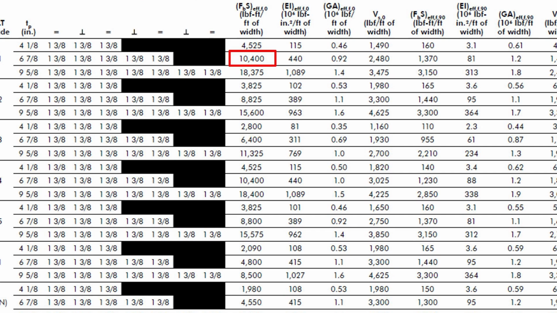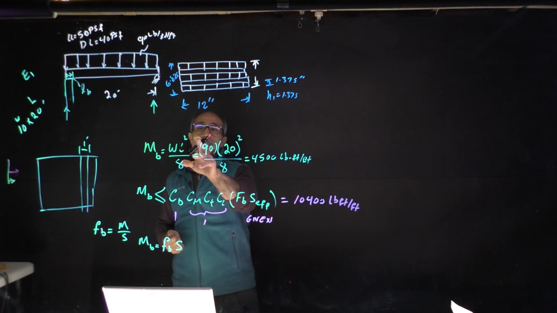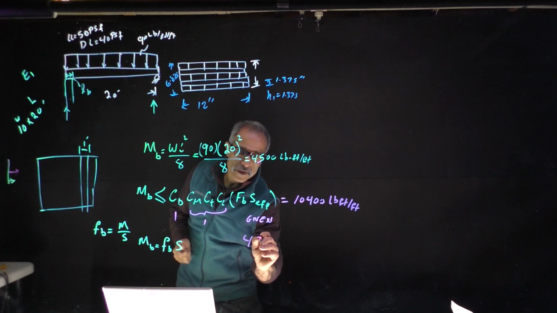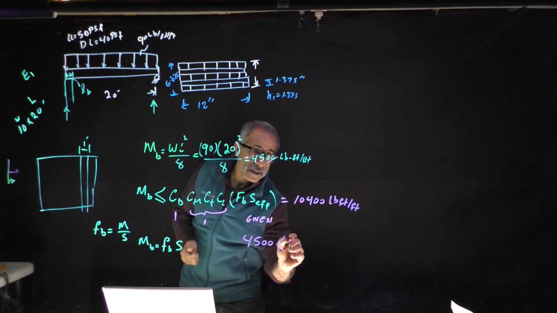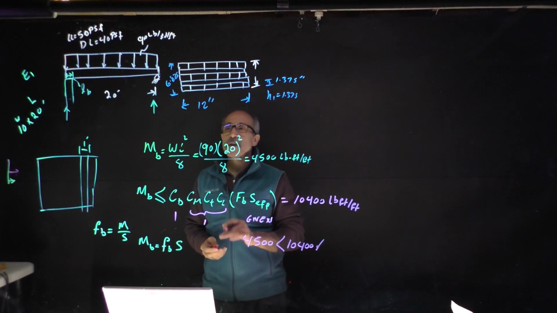If you look at the unit, it says pound foot per foot, because we did per linear foot. Our moment came out 4,500, so 4,500 is less than 10,400, and that checks out. So step 1 checked out.